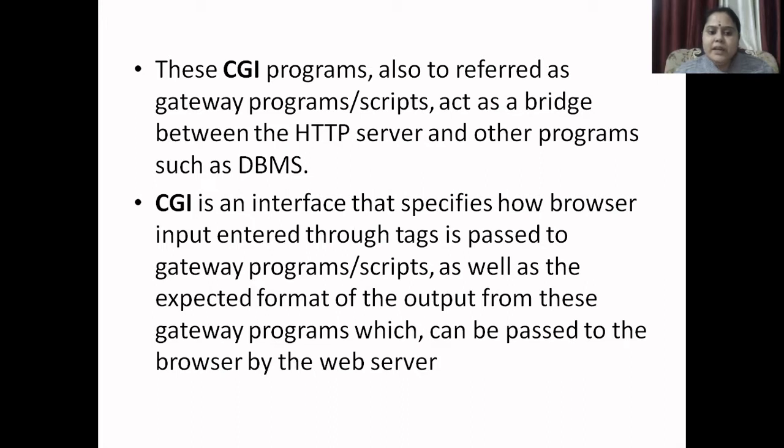Now, CGI is an interface that specifies how browser input entered through form tags is passed to gateway programs or scripts, as well as the expected format of the output from these gateway programs, which can be passed to the browser by the web server.